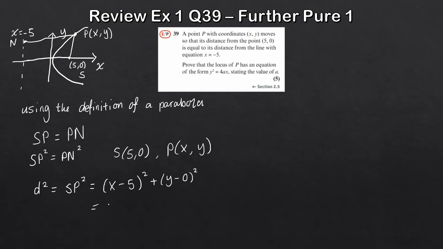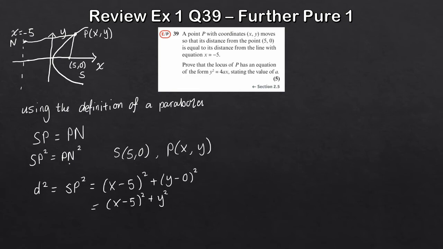So if we simplify that, that's just going to be x minus 5 squared plus y squared. At this point here, everything looks good. I don't see any mistakes, hopefully. So now let's keep going. We'll see if there's a mistake after it doesn't simplify nicely.